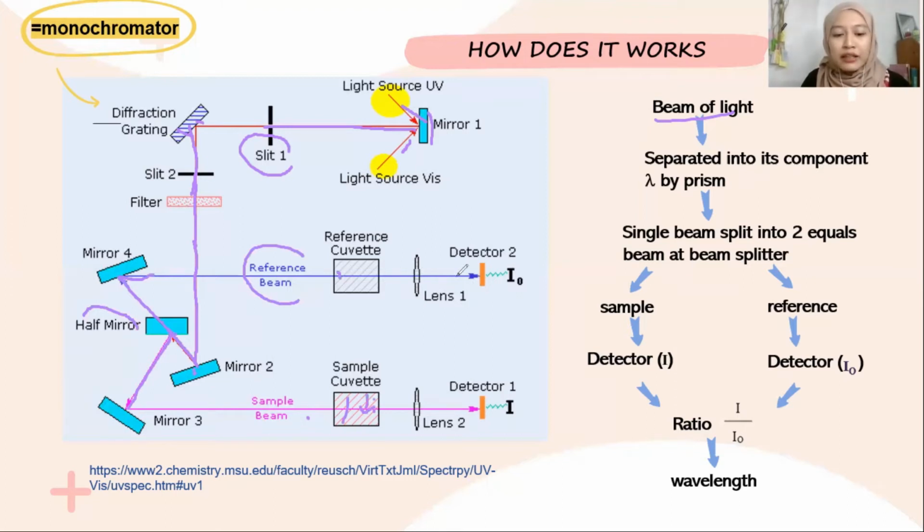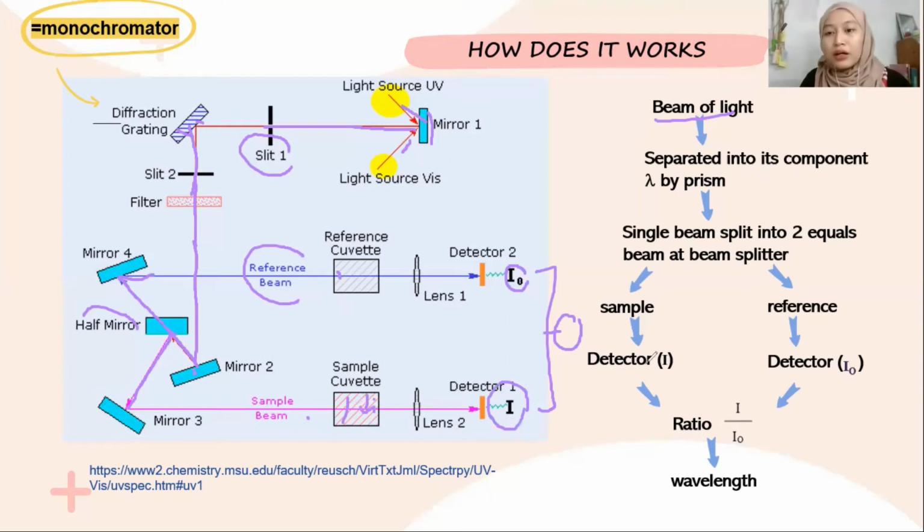The intensities of these light beams are then measured by the electronic detectors and compared. The intensity of the reference beam, which should have suffered little or no light absorption, is defined as I naught, while the intensity of the sample beam is defined as I.